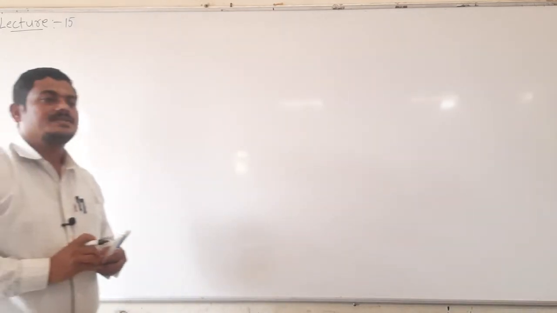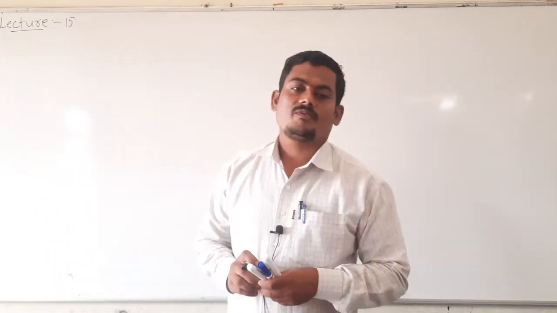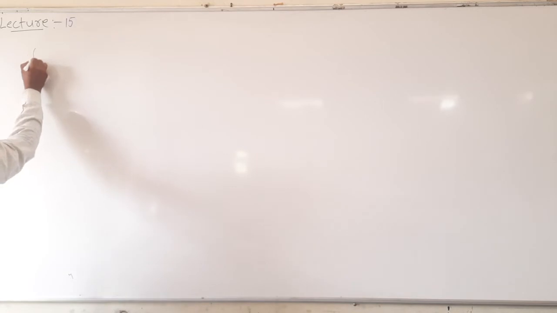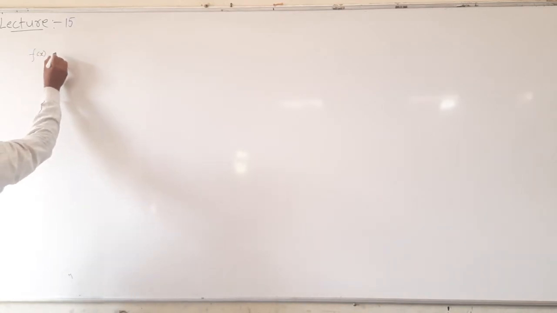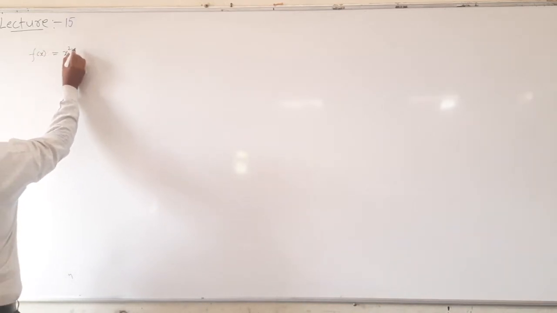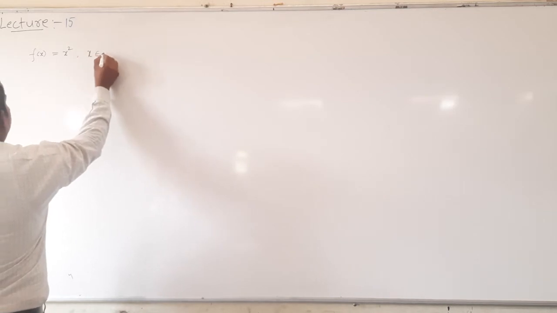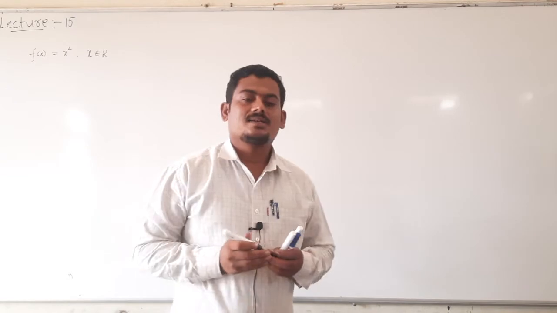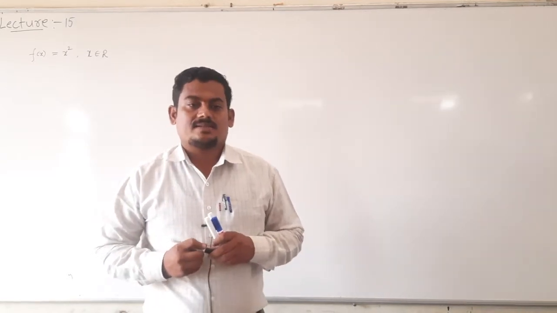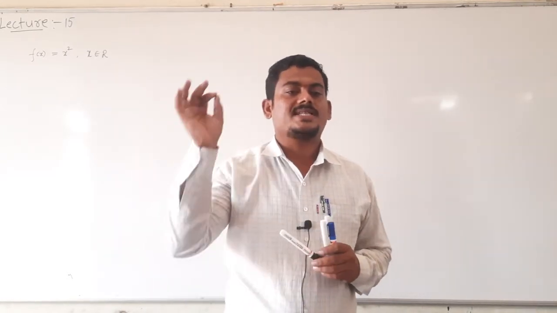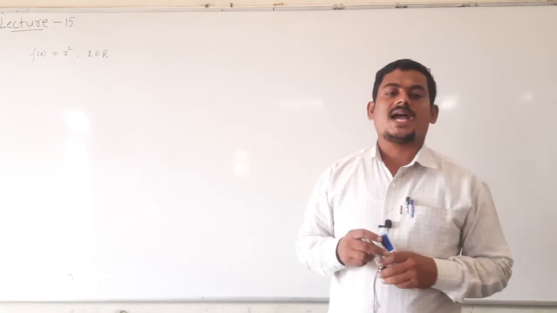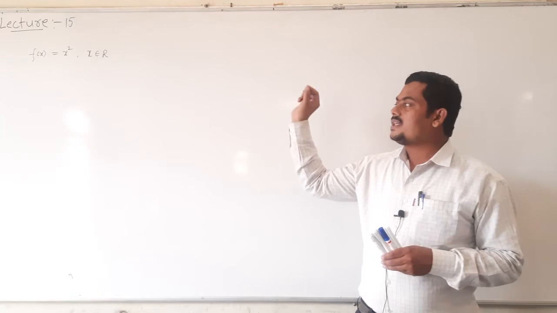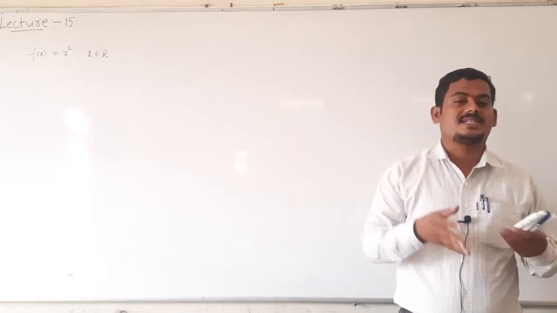Now, find the maximum and minimum values for the function f of x equal to x square for all x belongs to R, if they exist.